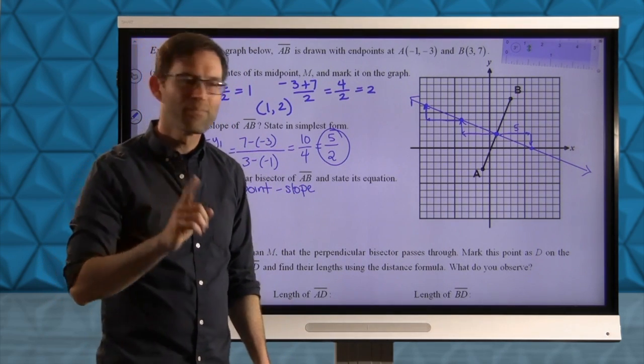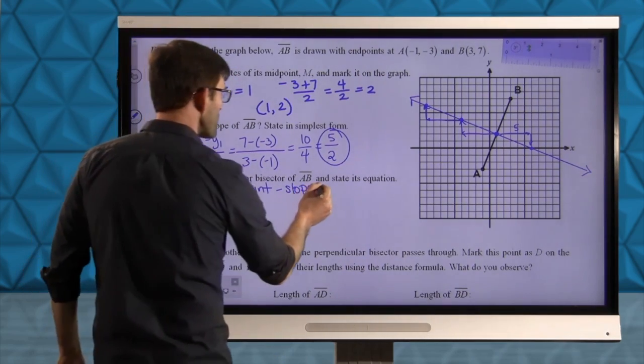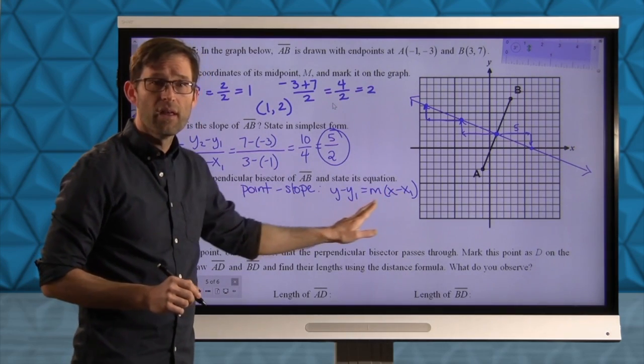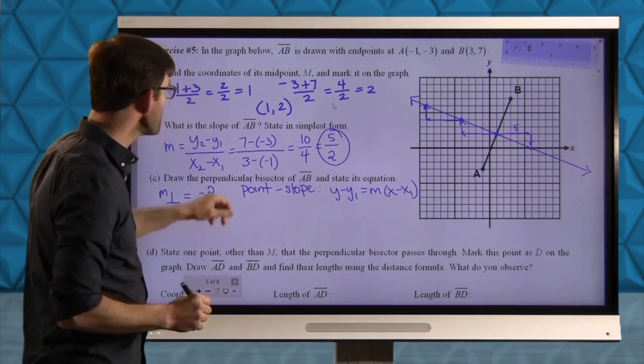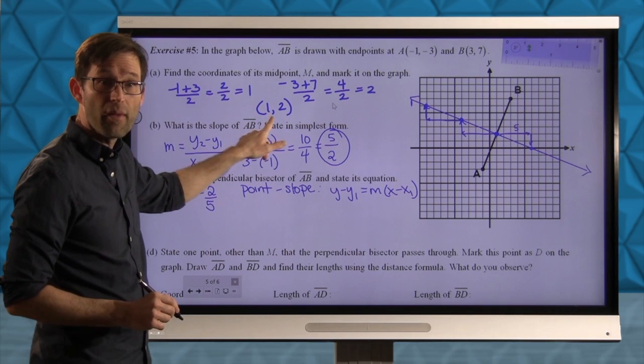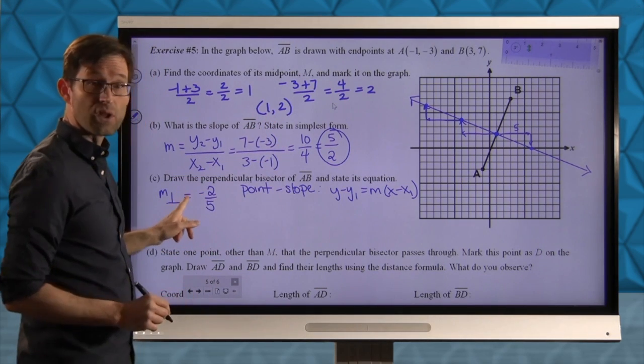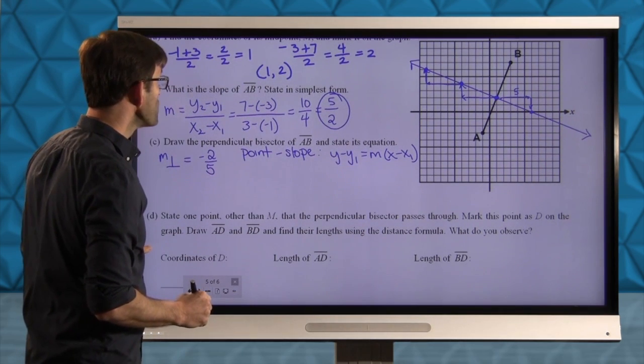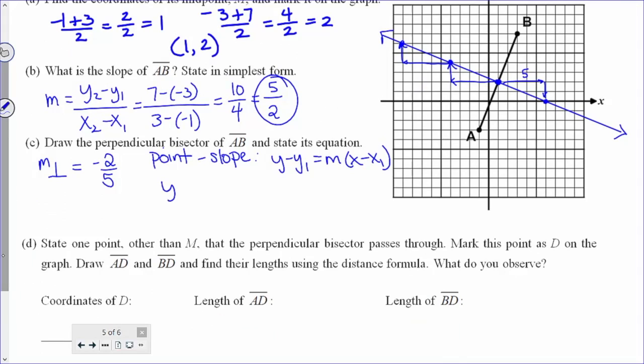On the other hand, a few lessons ago, we learned about what was called the point-slope form of a line. Y minus y1 equals m times x minus x1. And the beautiful thing is, we know a very nice point that lies on that perpendicular bisector, specifically the midpoint. We also know its slope, -2/5, so we can write the equation by just doing this.